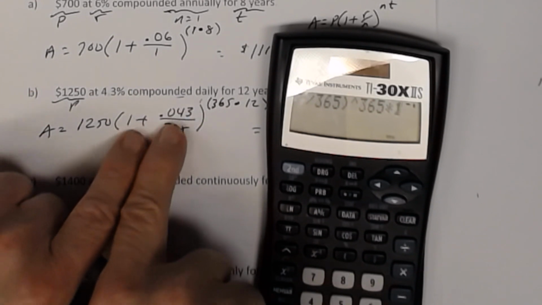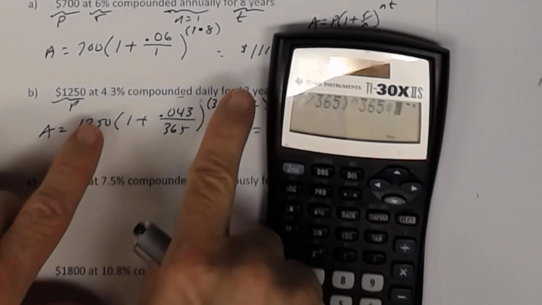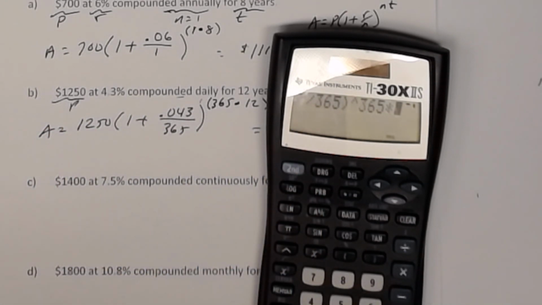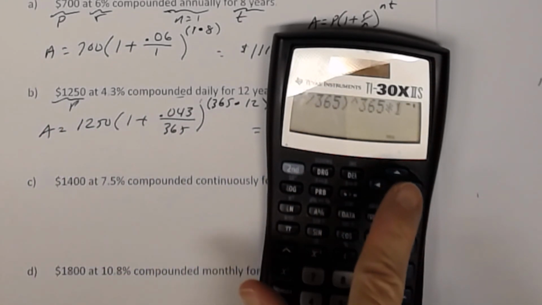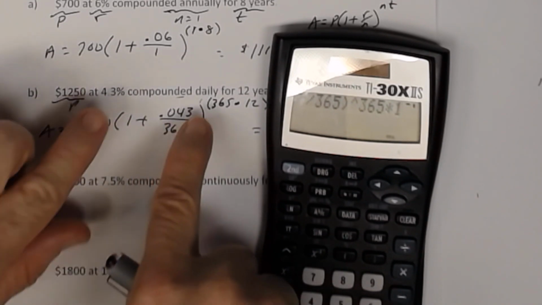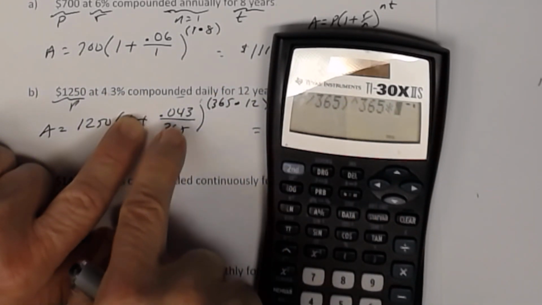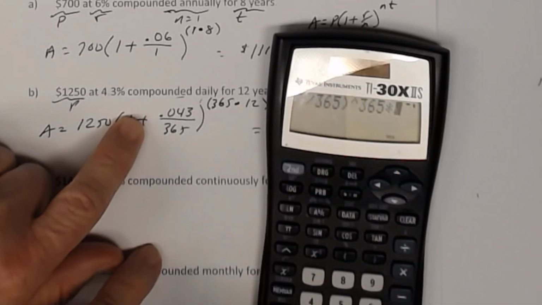So notice you're saying this to 365, and whatever that whole thing is, you're multiplying by 12. But that's not what that 12 says. That 12 says that this is also being raised to the 12th power, not multiplied. And so that's what you're doing when you forget to put parentheses.